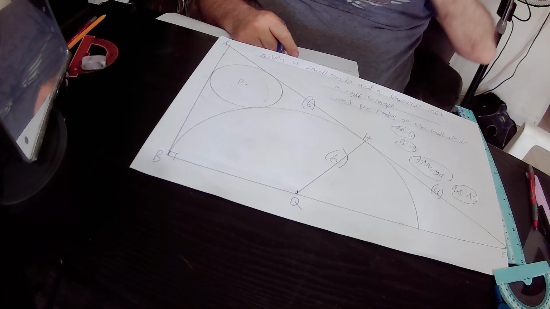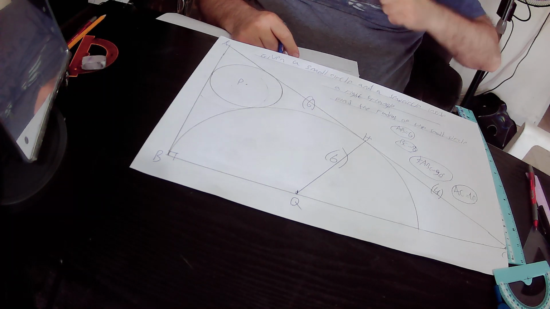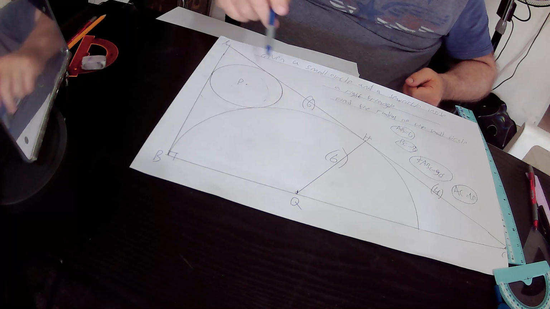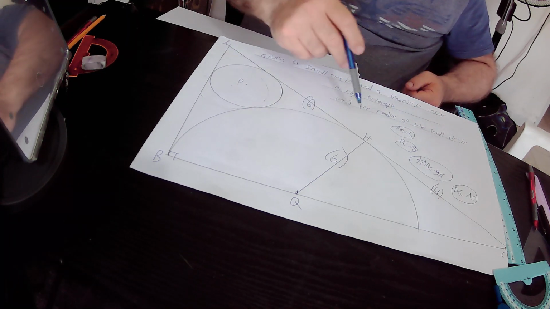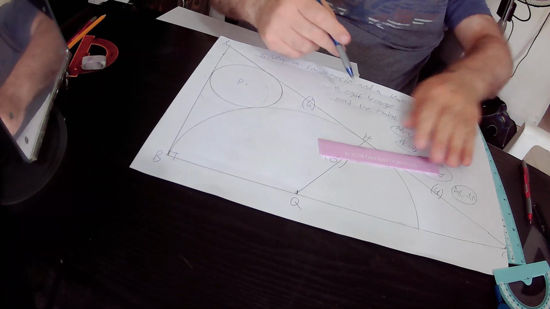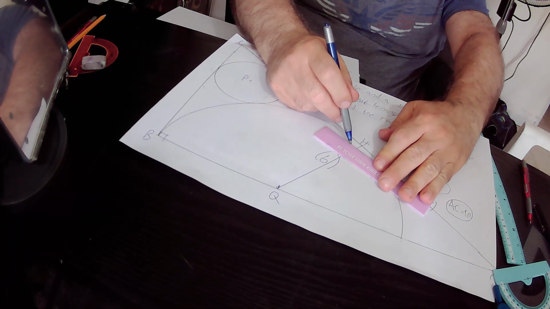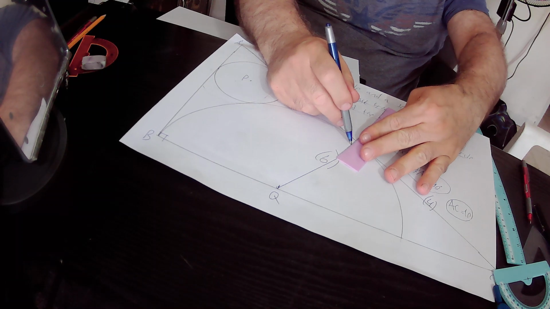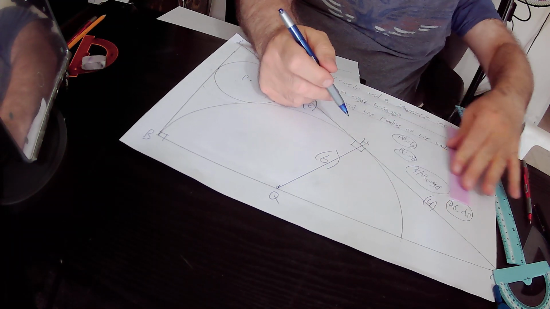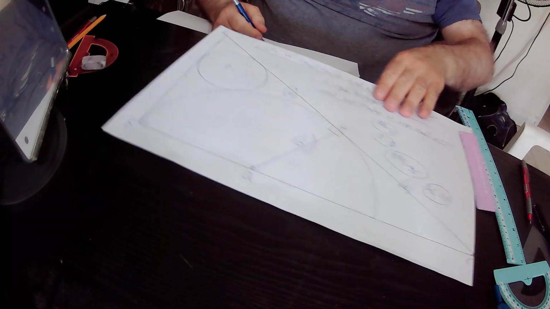And whenever a radius is drawn to the point of tangency, then tangent AC will be perpendicular to the radius HQ. If AC is perpendicular to HQ, it means that this angle equals 90 degrees, and this angle also equals 90 degrees according to rule 1. Okay.